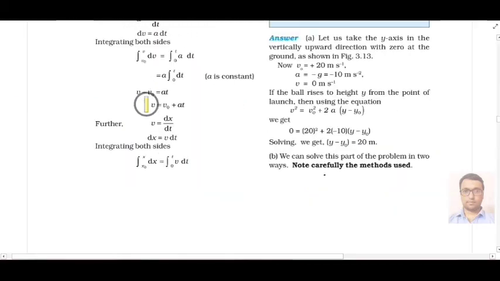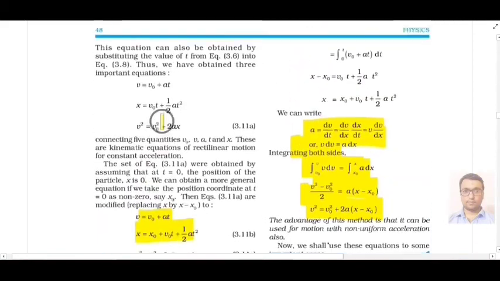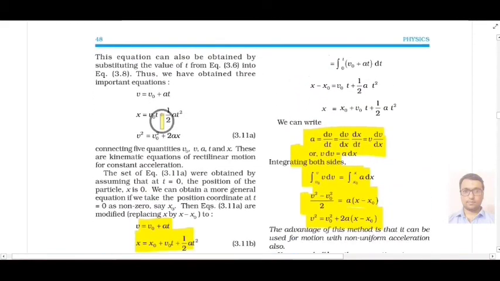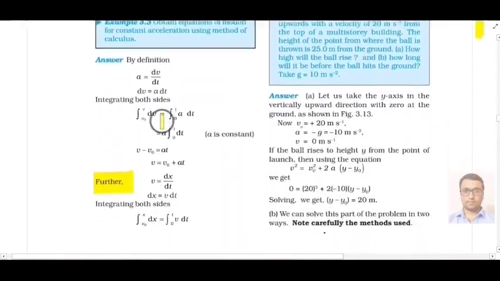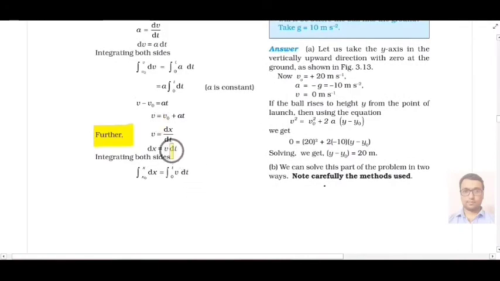Now let's check in NCERT also. From here, you can note down the page number also. This is on page number 48 of your NCERT book. It says that the second equation can be proved like this: v equal to dx by dt, then dx equal to v dt.